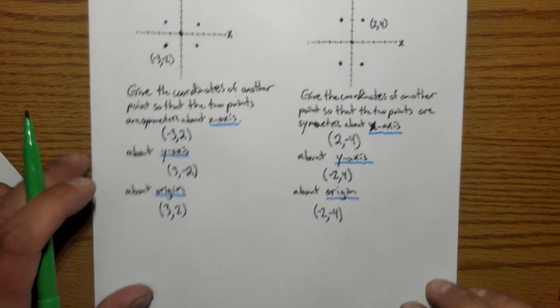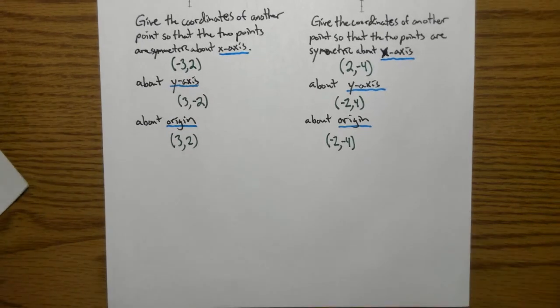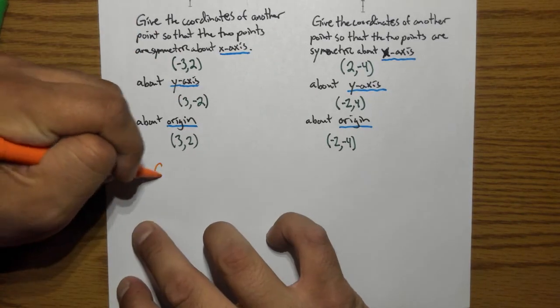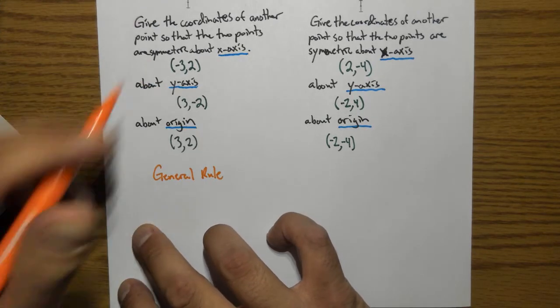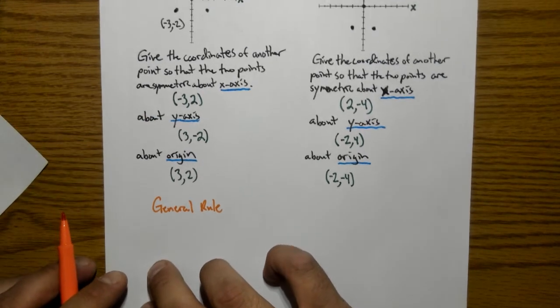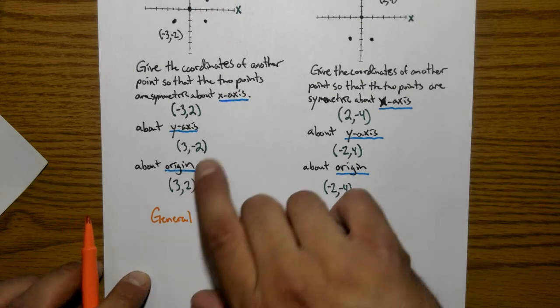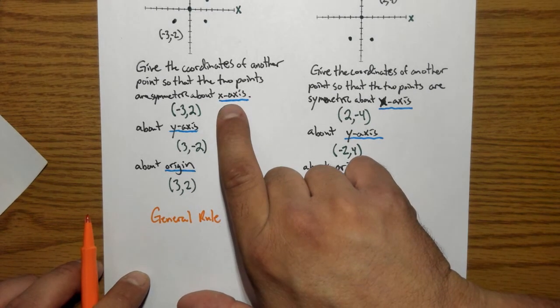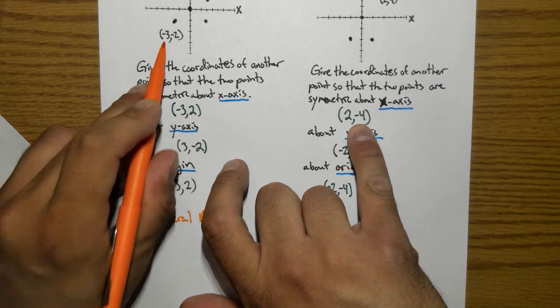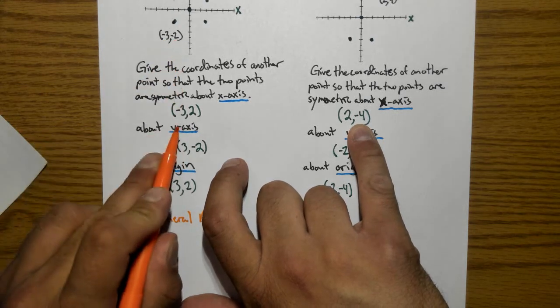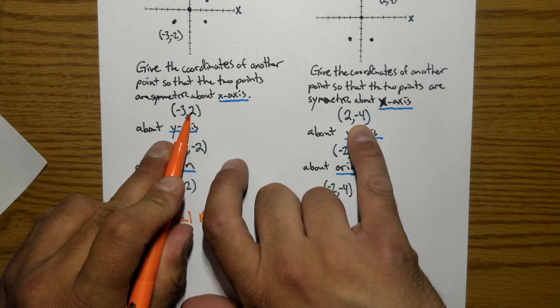But let's just make a general rule, because you may have noticed a pattern here. When we're trying to find a point symmetric about the x-axis, what we did was we actually changed the y value. Notice it was negative 3, negative 2. Now it's at negative 3, positive 2. You just changed the sign.